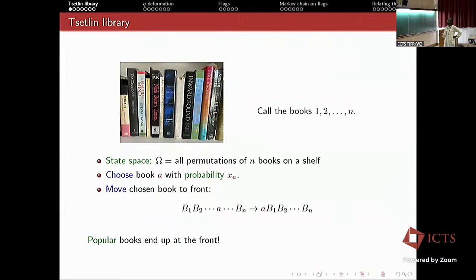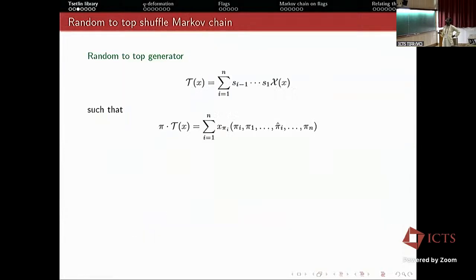So you see what is happening in terms of permutations. The fact that you pick a book at some position and move it to the front is the action of a cycle. It's not a transposition, but it's a cycle that starts at 1 or ends at 1. In our usual notation, Si is the transposition that interchanges i and i plus 1.